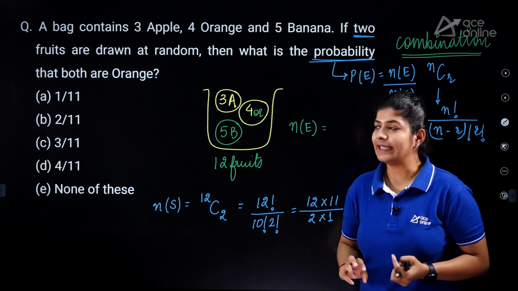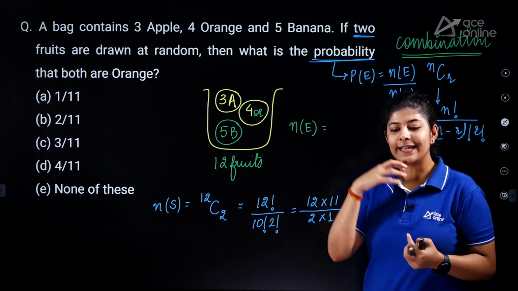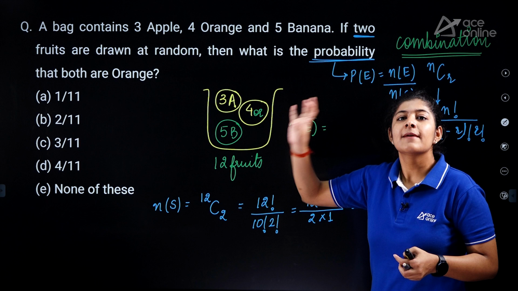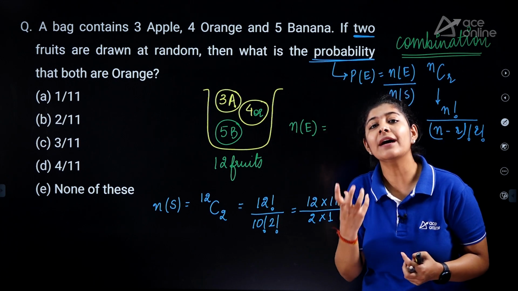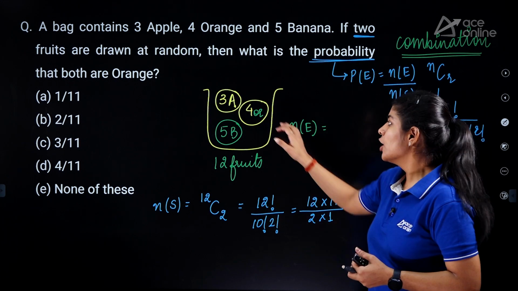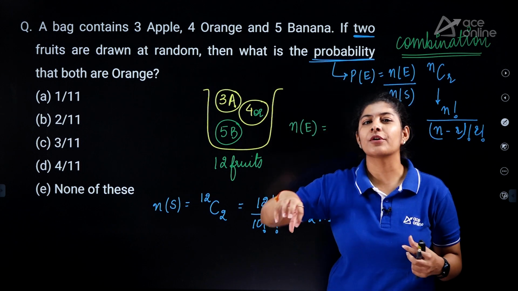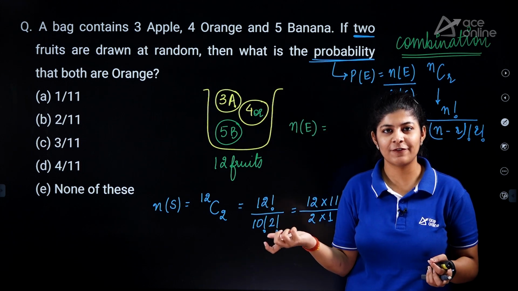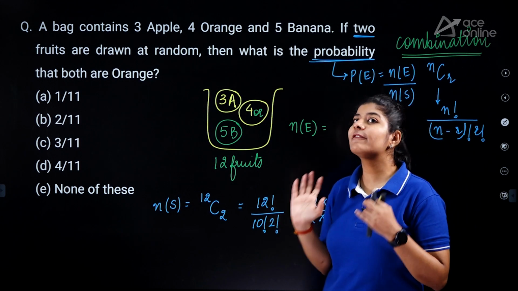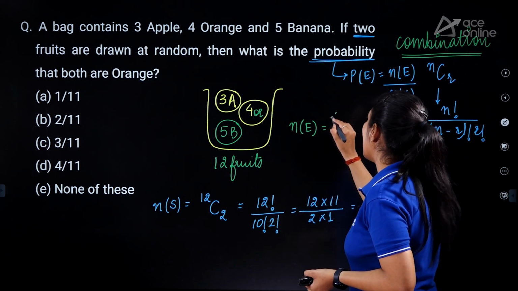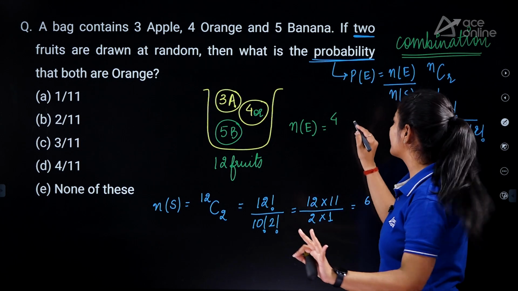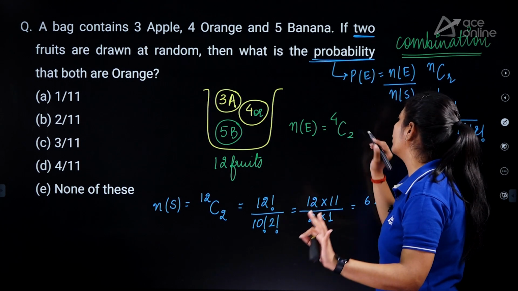So basically, my favorable condition says that I am having 4 oranges. I'm not talking about the rest fruits. My favorable condition is to get a orange, right? Okay. So basically, I am having 4 orange. Now, out of these 4 orange, any 2 oranges is my favorable condition. So my favorable condition says that I am having total 4 oranges, but out of these 4 oranges, I only need 2 oranges.